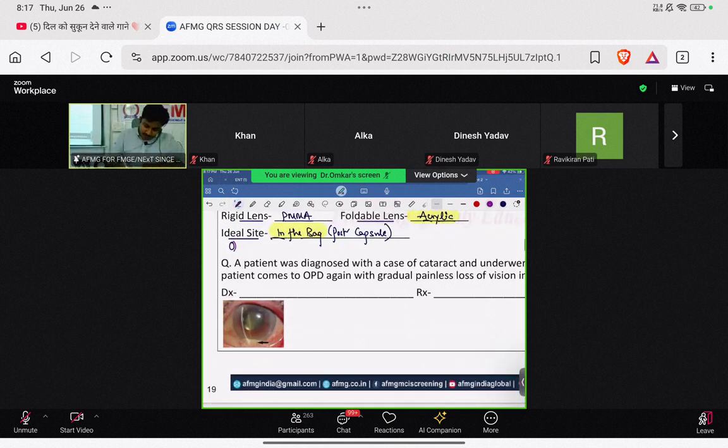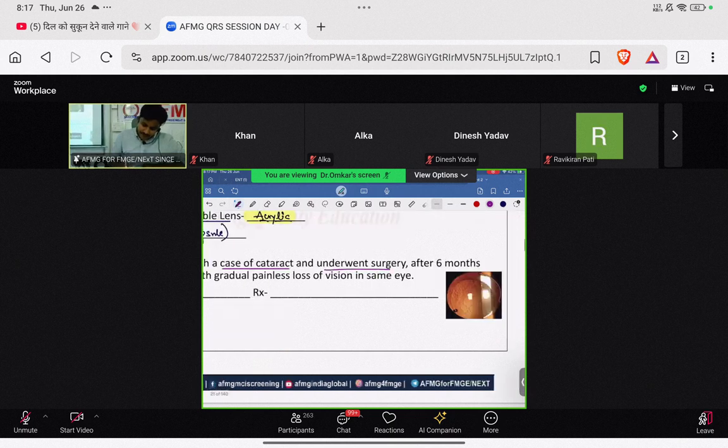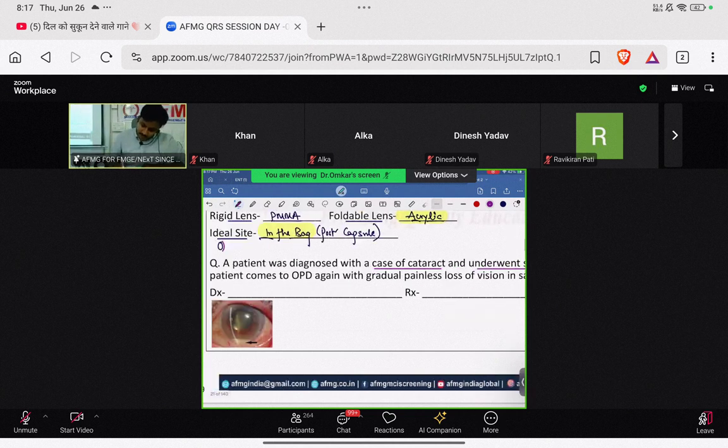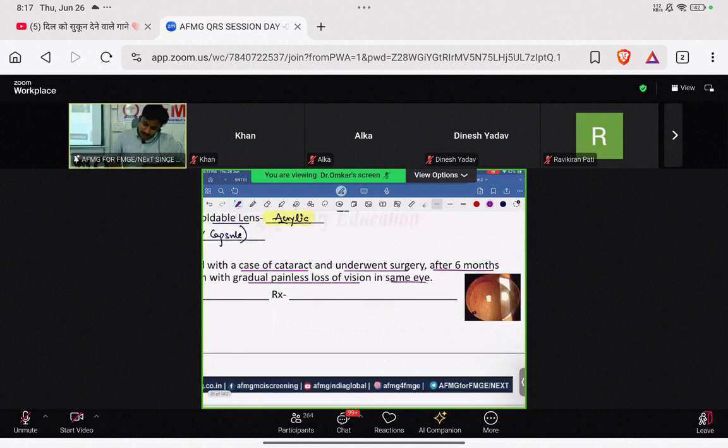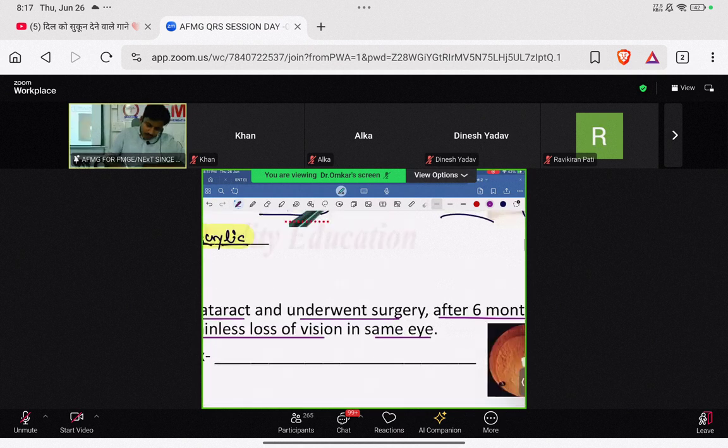Next important is, a patient was diagnosed, बच्चे, with a case of cataract, and therefore he underwent cataract surgery. But after 6 months of this cataract surgery, beta, the patient now comes to the OPD again with the same complaint, that is gradual painless loss of vision, and that too in the same eye. अगर surgery हो चुकी है तो what is the problem? तो यहाँ पे बेटा हमें पता है, बाकी सब तो हमने निकाल दिया था, but there was still the posterior capsule which was left, and now that posterior capsule has undergone opacification.